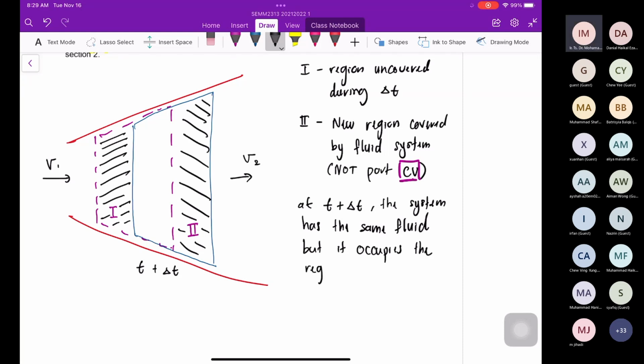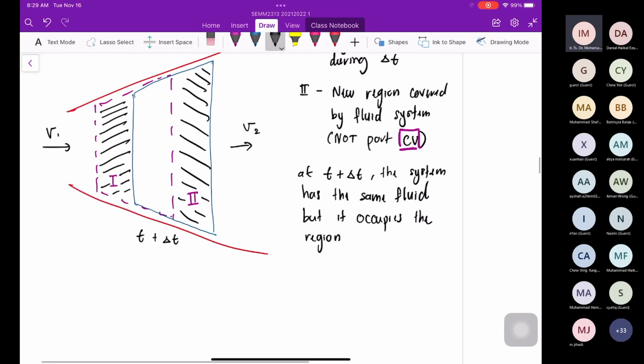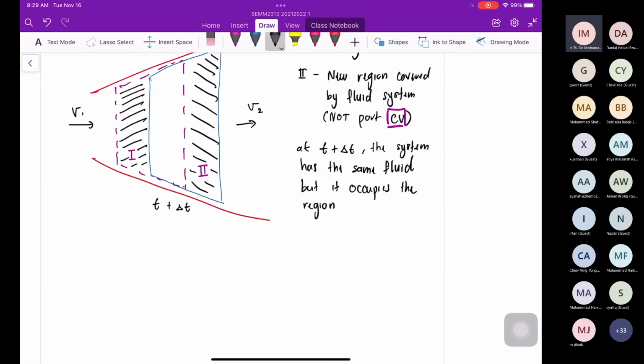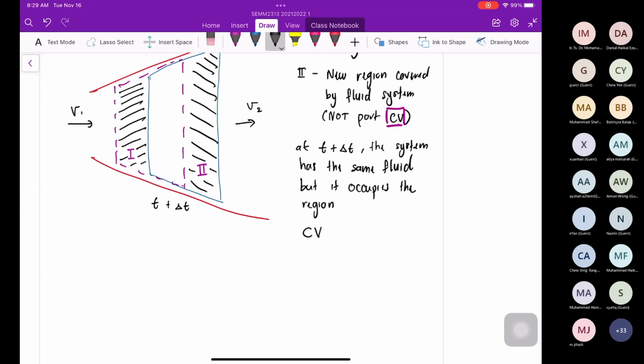The region of what? Okay, now let's subtract. This is control volume. Where is the control volume? Yes, this is control volume. You need to minus region 1, and then you need to plus the second region. This is occupied by the new region. Okay, this is for system.